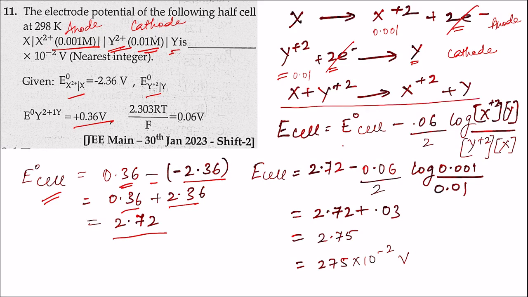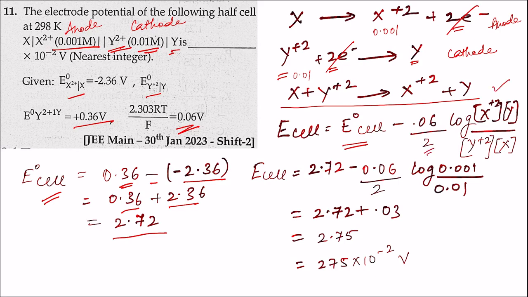So E cell will be equal to E naught cell minus, now 2.303 RT by F is given as 0.06, so 0.06 divided by number of electrons. Number of electrons participating in this redox reaction is 2.